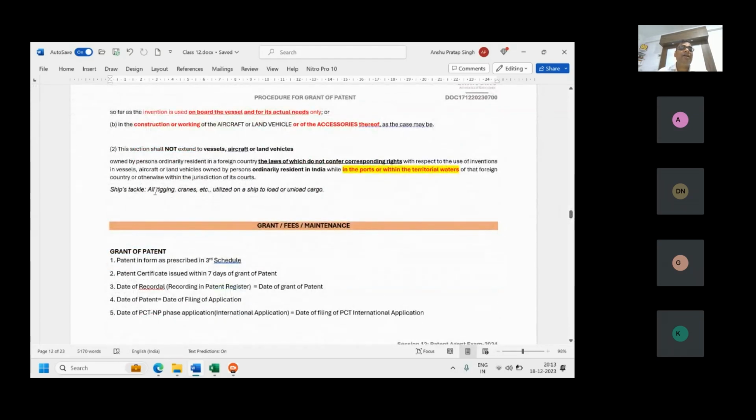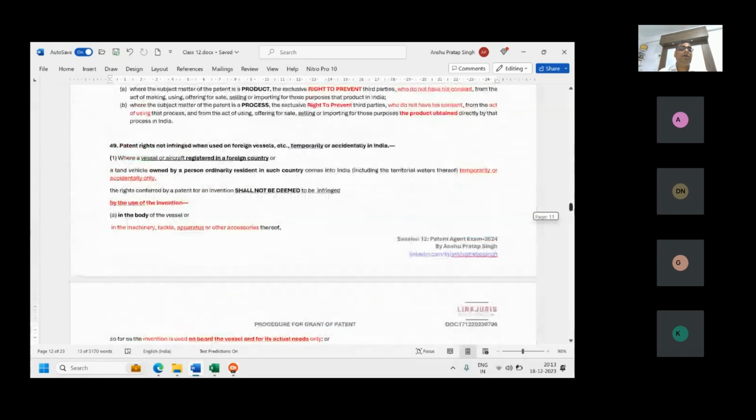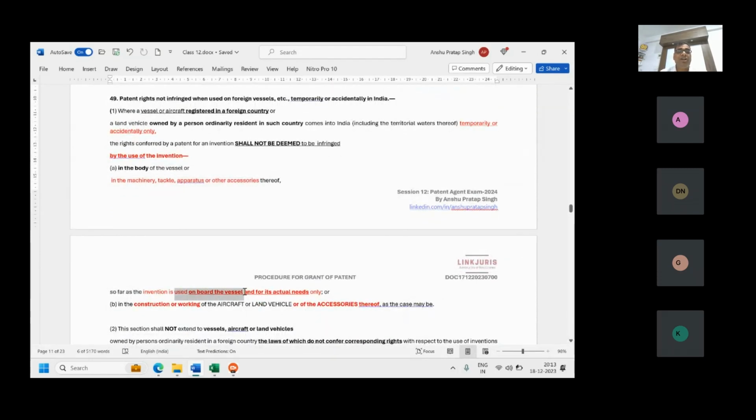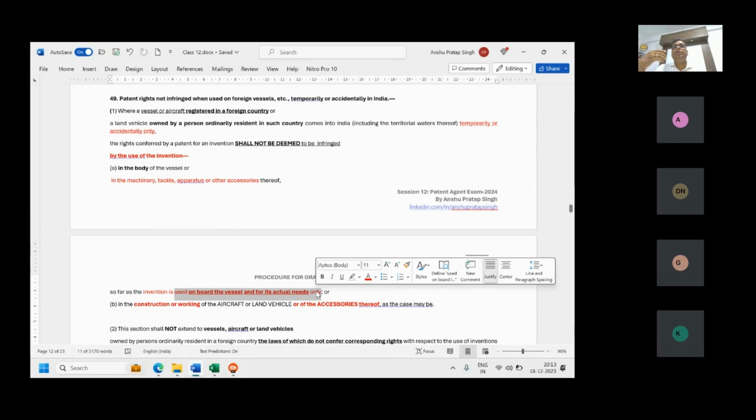Tackle means all rigging, cranes, etc., which are utilized on a ship to load or unload cargo. Those are called tackle. So machinery, tackle, apparatus, or other accessories, if the invention is used on board the vessel or for actual needs only, it is considered as not infringed.